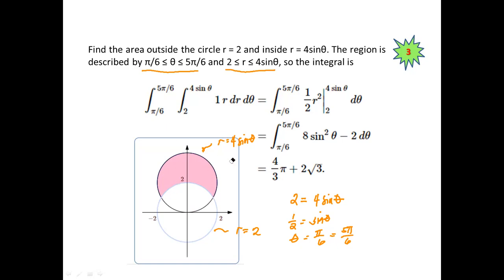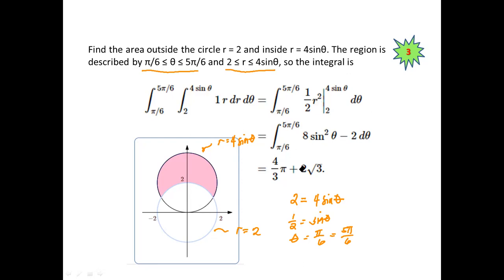this pink region. So I'm sure you know how to substitute your 4 sine theta to the r squared. That would give you 16 sine squared theta, and since you divide by 2, that would be 8. For the lower limit, you have 2 squared, that would be 4 divided by 2, so you have 2.